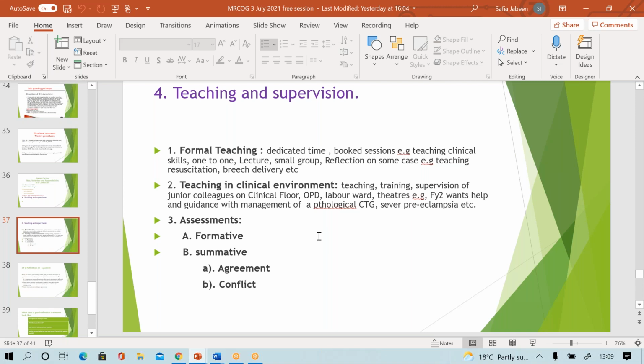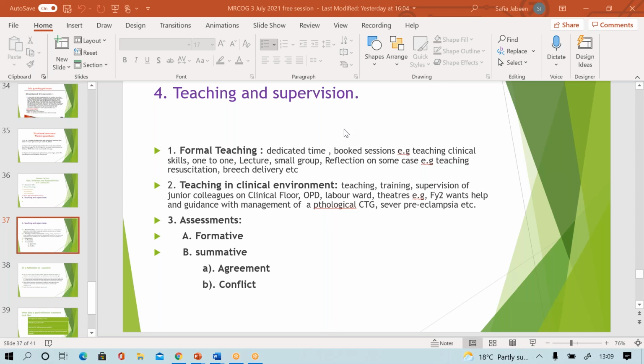One is formal teaching, for which we have a dedicated session, teaching day or training session booked. It can be in the form of conferences, courses, group discussions, or one-to-one, but you have a session for that.